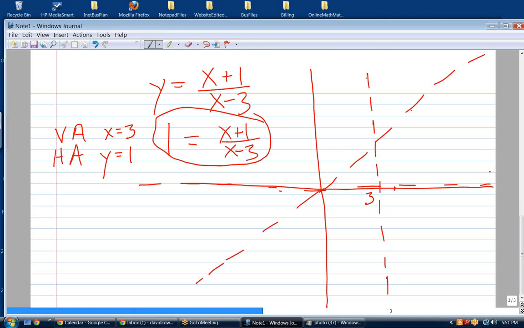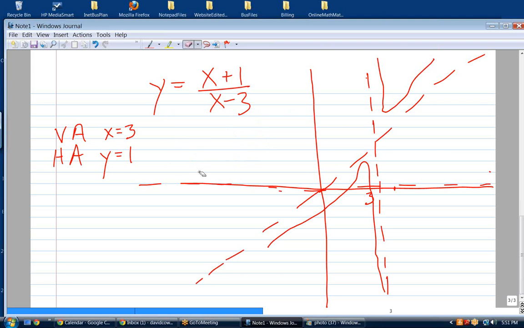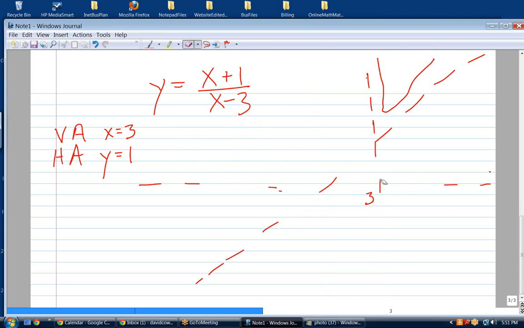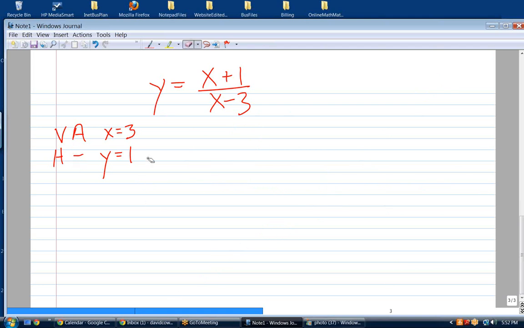Most of the time, if you have an oblique asymptote like this, your graph looks something like this. Yeah, let's just stick with your problems because I may be showing you stuff that they're not going to do to you.